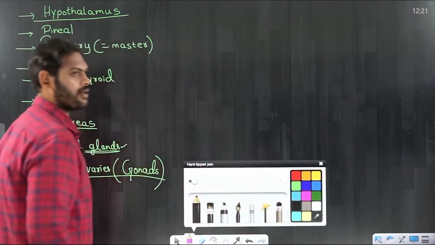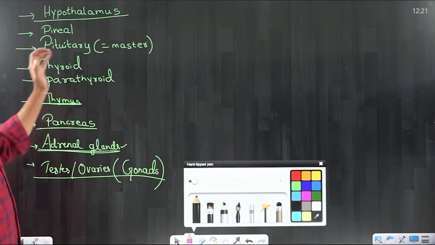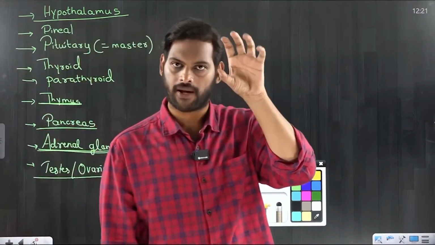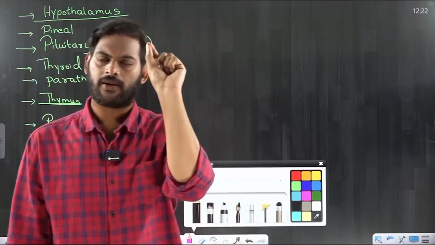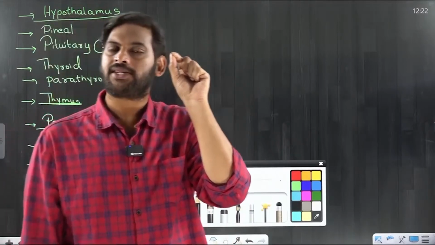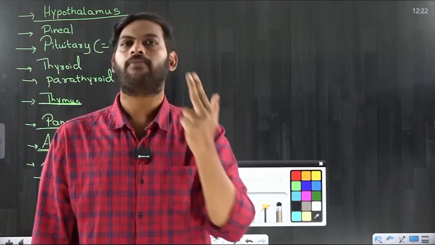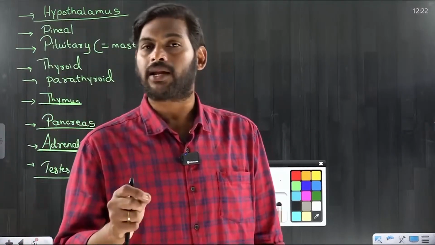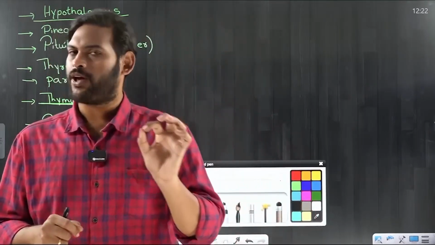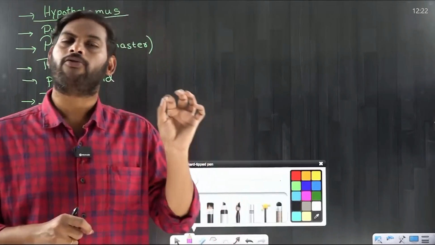And among these again, the gland which is found inside your brain, size of a pea, and this gland is considered as third eye, and this gland determines when you sleep, when you wake up, when you work, when you rest.